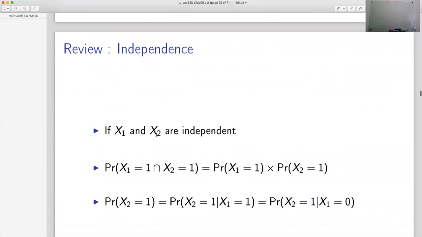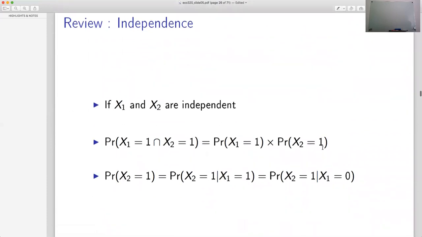So if X1 and X2 are independent, this is the case. This is a standard method, right? Most classic. Another way of doing it is this: conditioning on X1 equals 1 or X1 equals 0 doesn't affect the probability of X2 equals 1. So the probability of X2 equals 1 is not affected by whether X1 equals 1 or X1 equals 0.